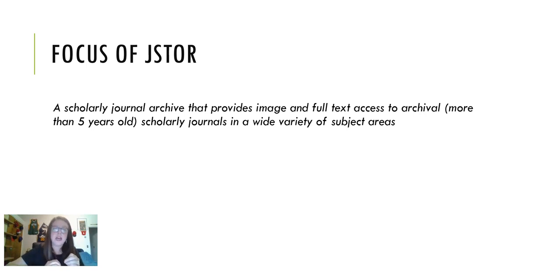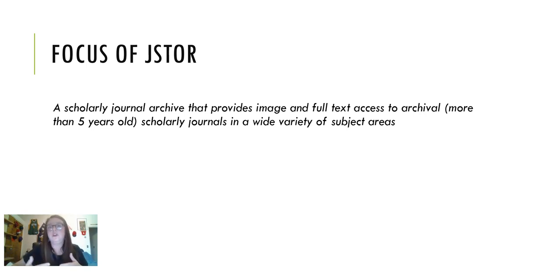What it also does is it privileges archival scholarly journals, so again, more than 5 years old. Some databases will drop journal articles or journals in their entirety after they reach a certain point. Now, while that does make room for the newest information possible, we also unfortunately lose out on some important information that might help us historicize or explore the history of the topic that we're looking at.